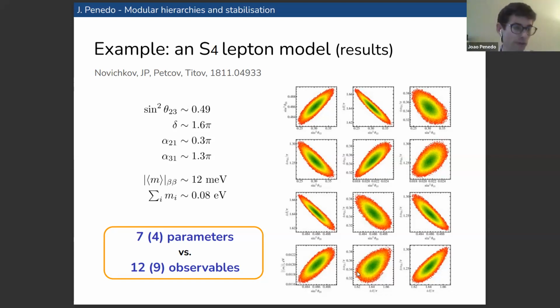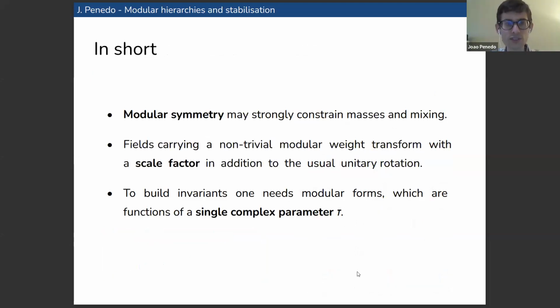So in the end, 4 for the neutrino sector to get 9 observables, some of which are not yet measured. Okay, so in short, with this part of the presentation, I tried to convince you that modular symmetry is strong in constraining your theory. Basically, there is a scale factor in the field transformation aside from the usual unitary rotation, and your superpotential invariants turn out to be functions of the superpotential parameters and a single complex parameter tau in the minimal case.